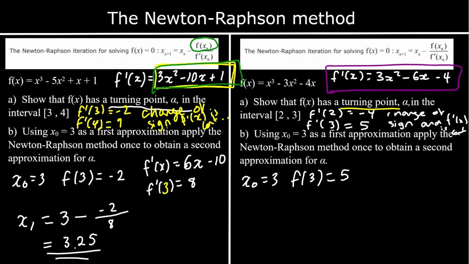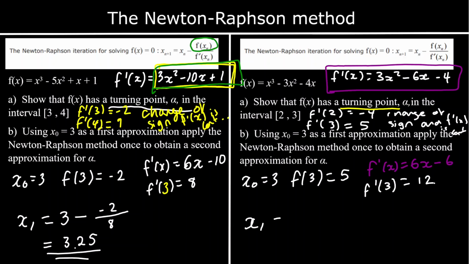So we need the gradient function, which is 6x take away 6. So this is our second differential, but we're treating it as if it's the gradient function. So we want to put 3 into our gradient function. 6 3's take away 6 will be 12.